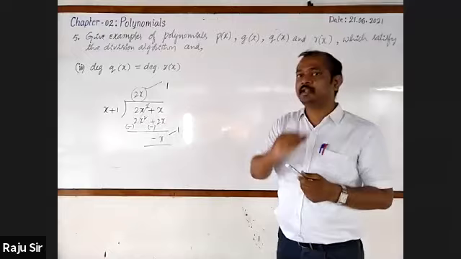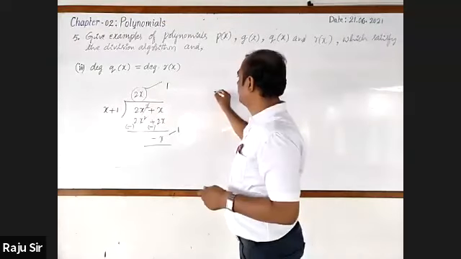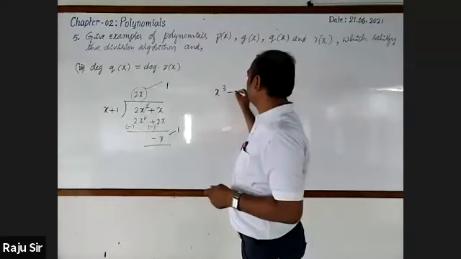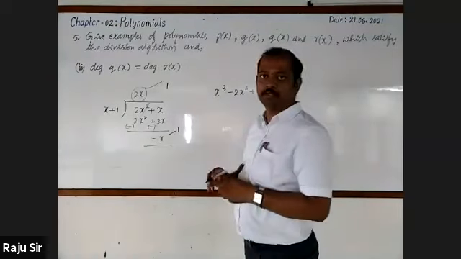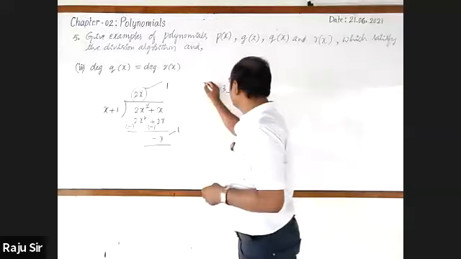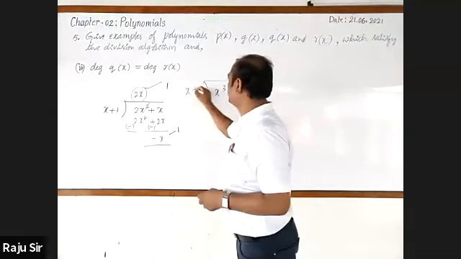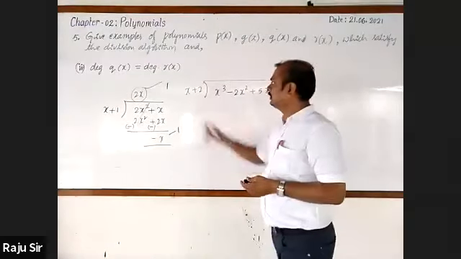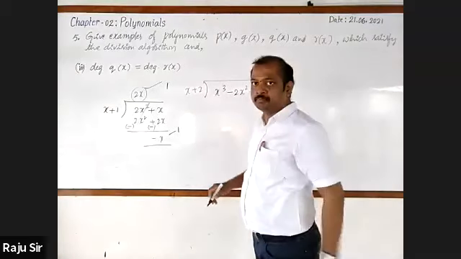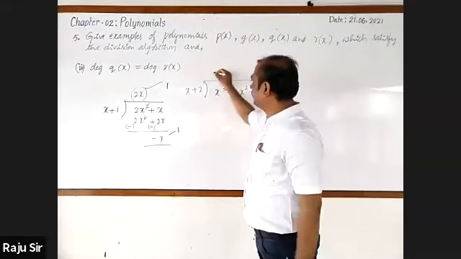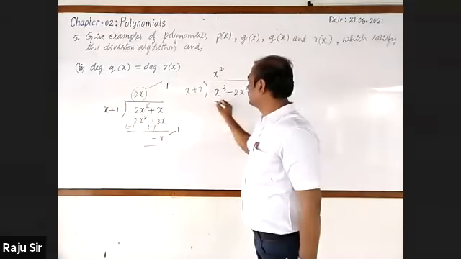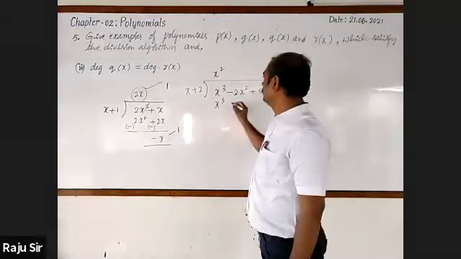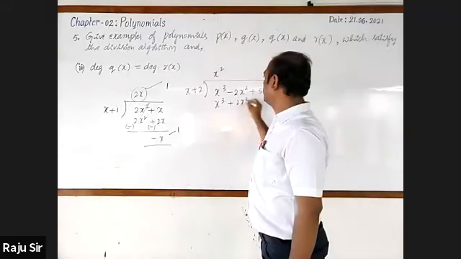Don't know. Now, another example. x cube minus 2x square plus 5x. Then I take x plus 1, x plus 2, whichever. Now you multiply. What should we multiply? x square, sir. x square into x, x cube. x square into 2, 2x square.